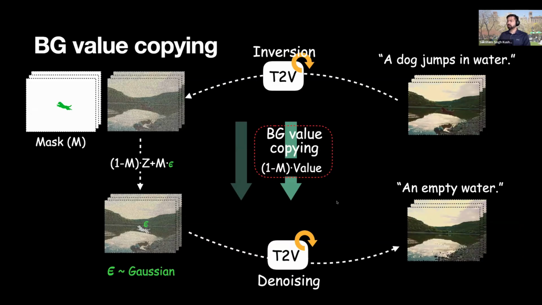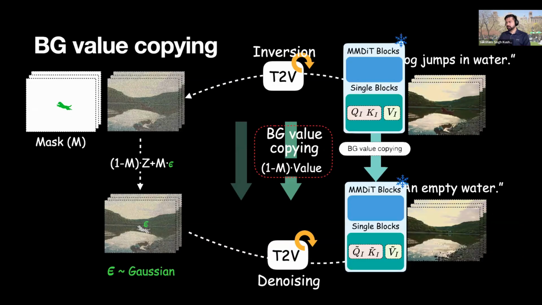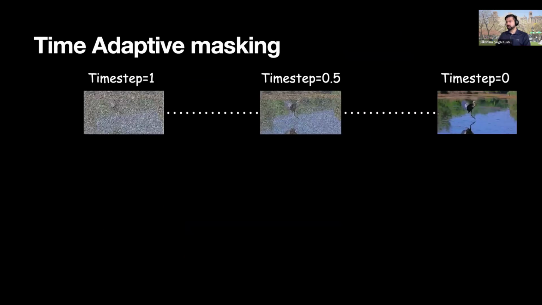We want to only copy the attention values corresponding to the background region, and we observe that even simply determining the background and using that does not help, and so we went a little deeper into it.